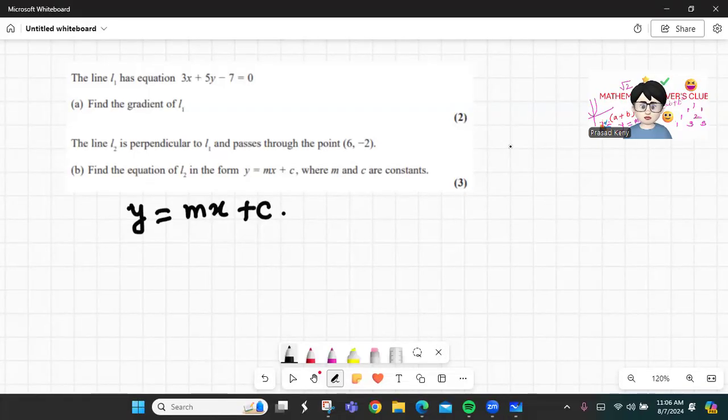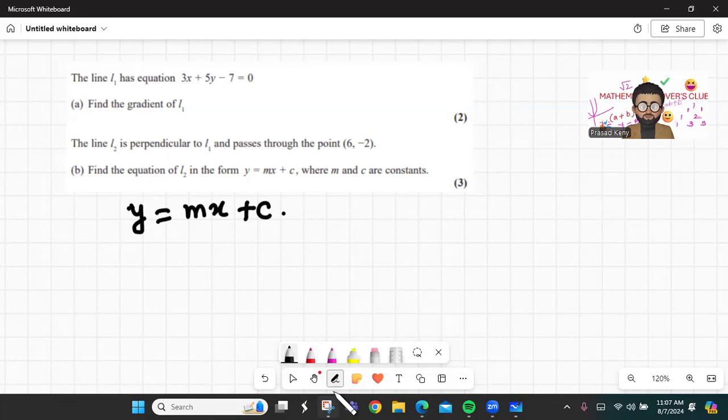Sir, in the equation y is equal to mx plus c, m represents the gradient of the line and c represents the y-intercept. Correct, Vicky. Very nice answer.